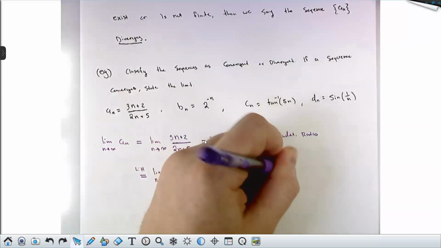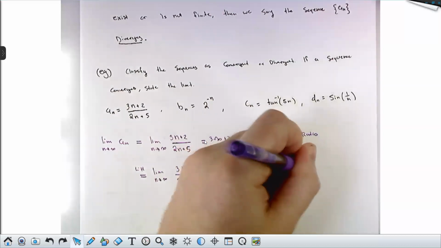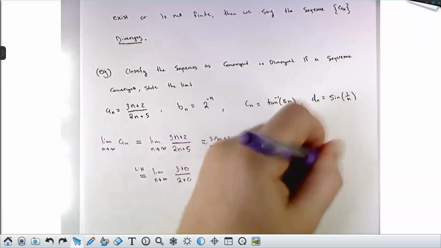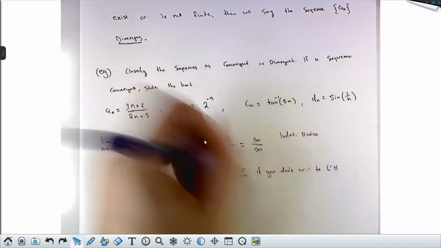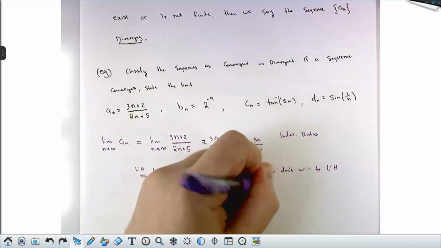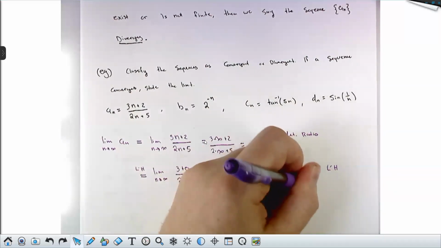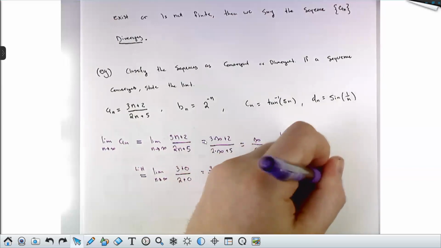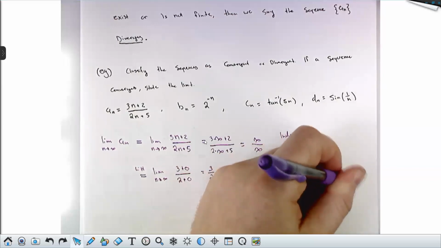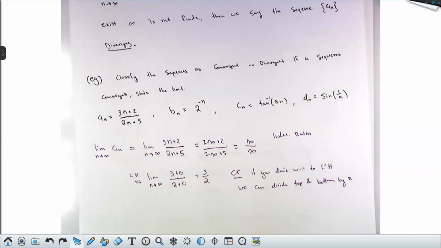If you don't want to use L'Hopital's rule, we could divide top and bottom by n.